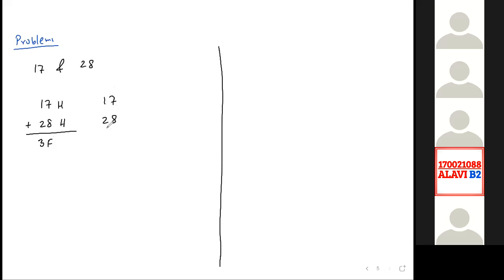So if we add in the BCD number system, what is the result that we expect? 45. Right, we expect the result 45. So how can we go from 3F to 45? What can we do to go from 3F to 45?